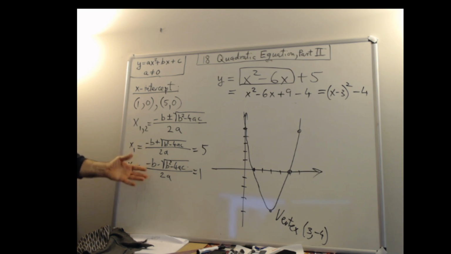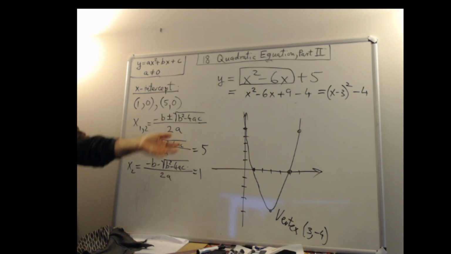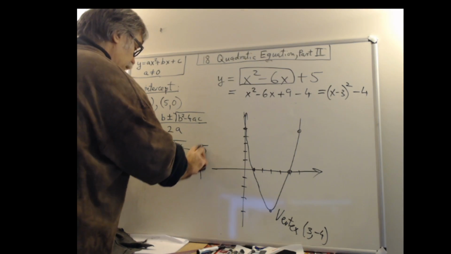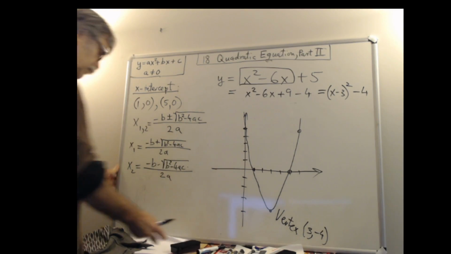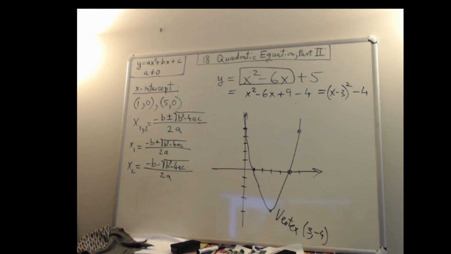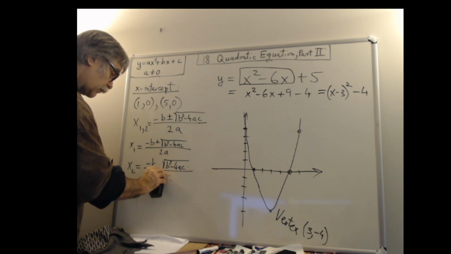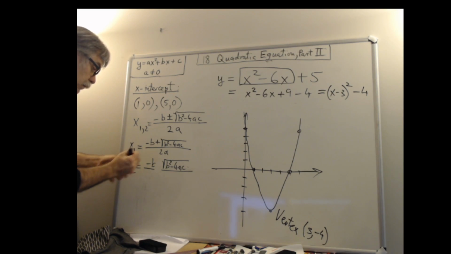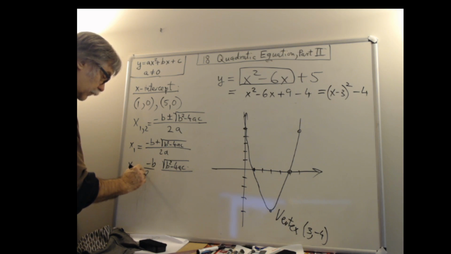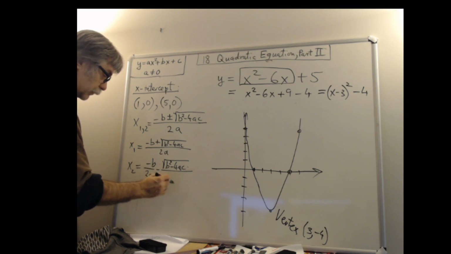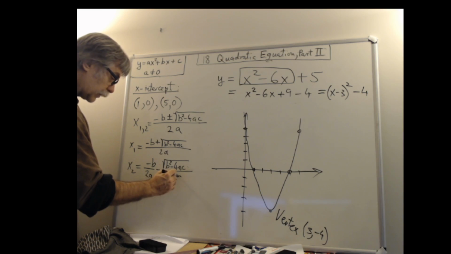So what's the average of these 2 numbers? I already know in this particular case it's 3, but in general, you get negative b plus something, and negative b minus something. You can also split this, so you write it like that: negative b over 2a minus the whole radical over 2a.